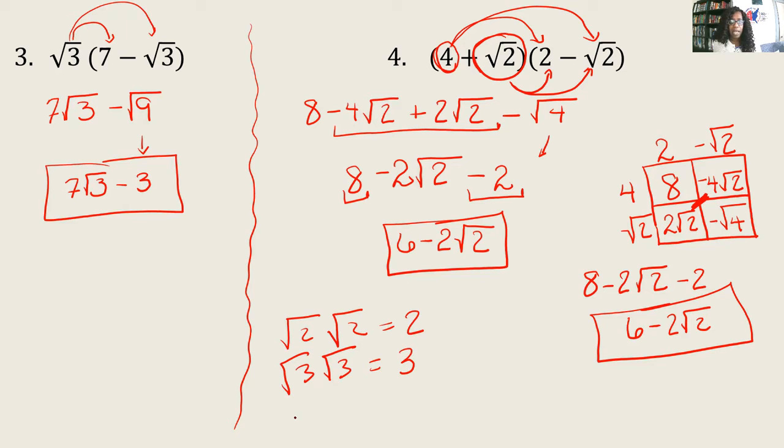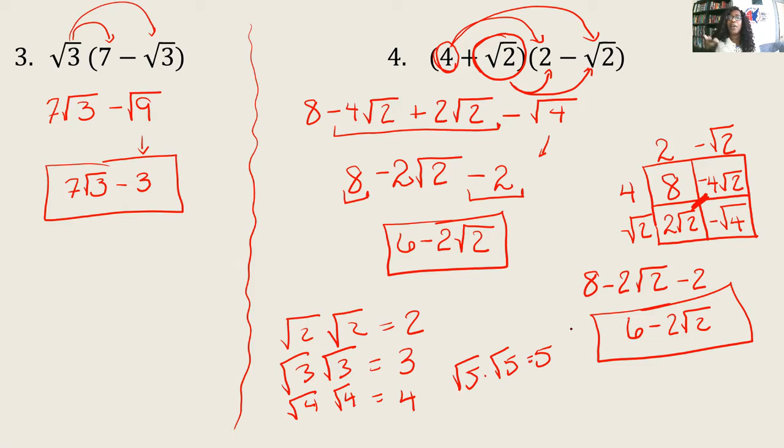What do you think is going to happen when I say the square root of 4 times the square root of 4? That's going to give me 4. Square root of 5 times the square root of 5. That's going to give me 5. So we can make up a rule for this right now. It's almost like a shortcut.